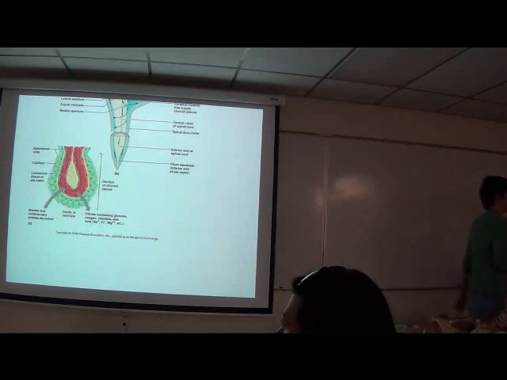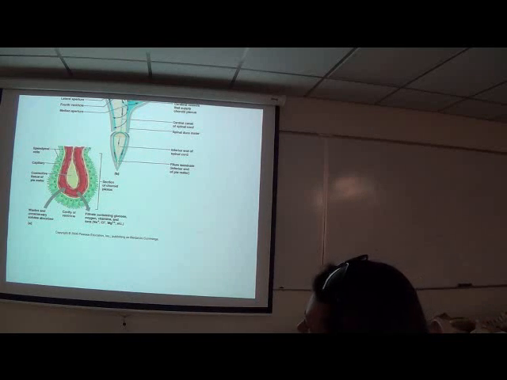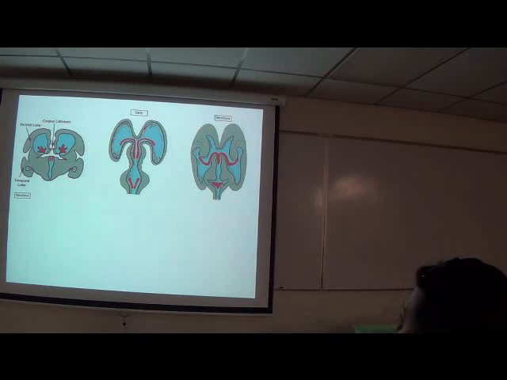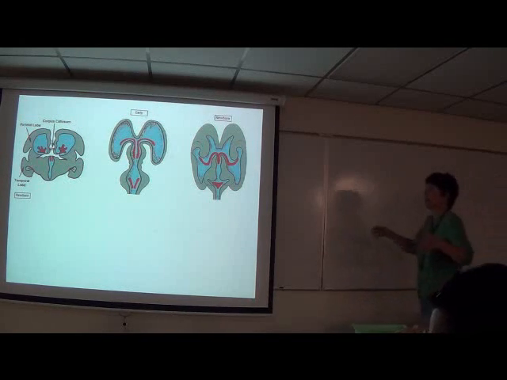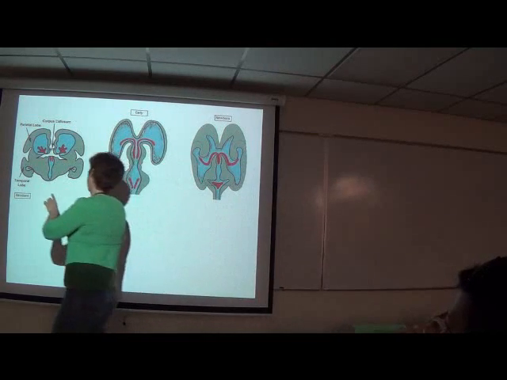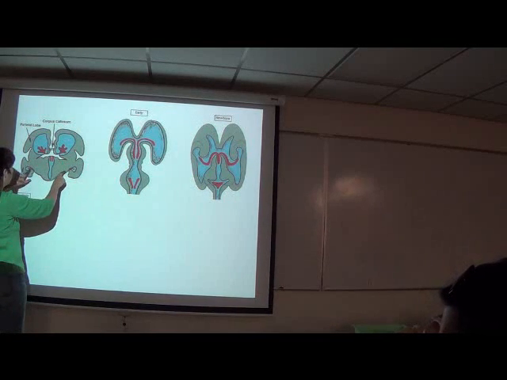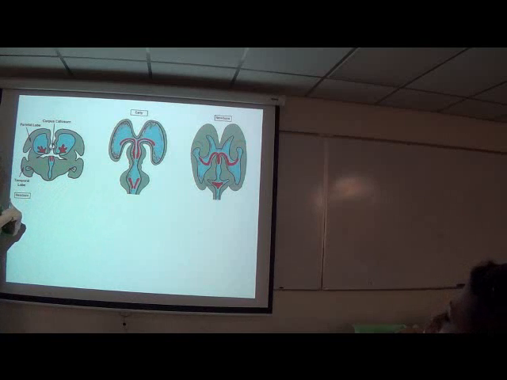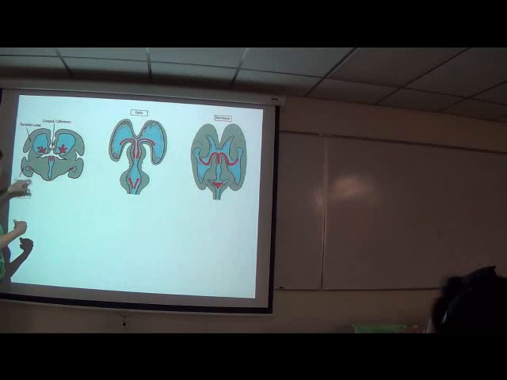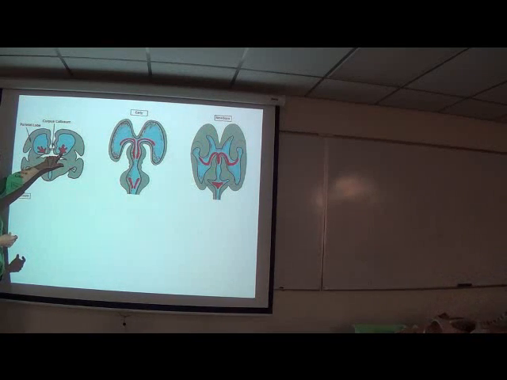The next slide I just found this morning, and it shows, not very clearly, how the brain is developing, and as the developing lobes of the brain fold under, they incorporate the pia mater, and that's how we get the pia mater into the ventricles.